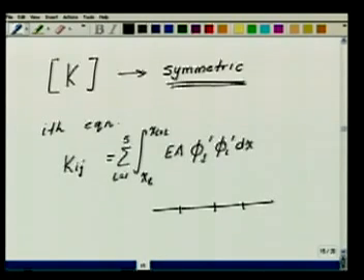Here is node I, here is I minus 1, here is I minus 2, this is node I plus 1, this is node I plus 2.